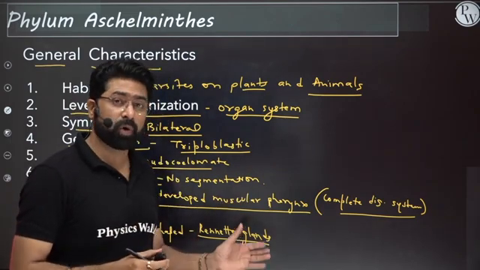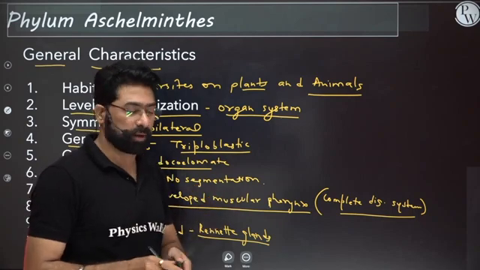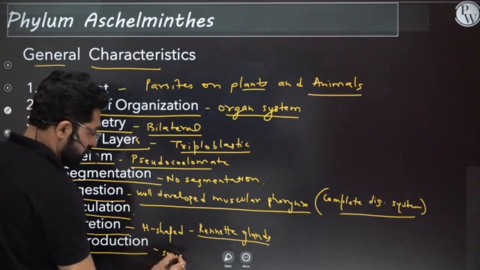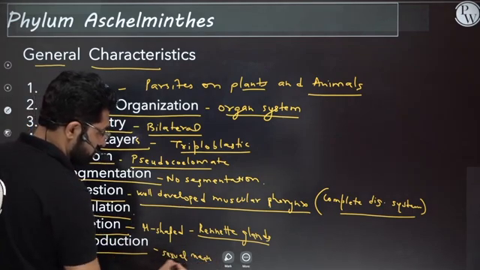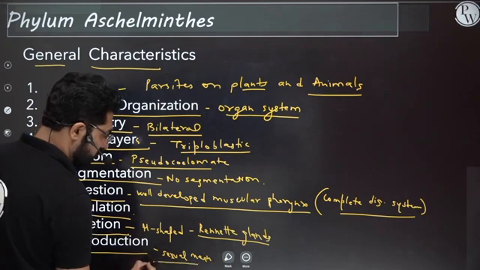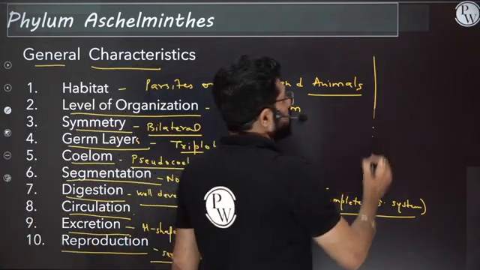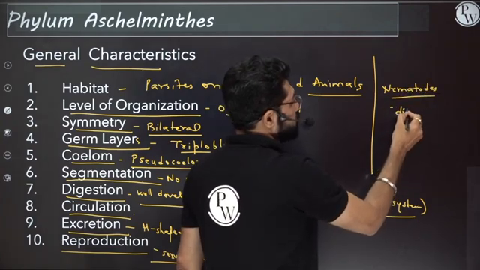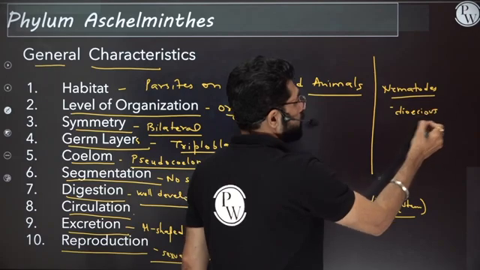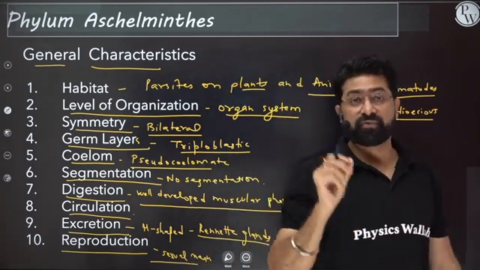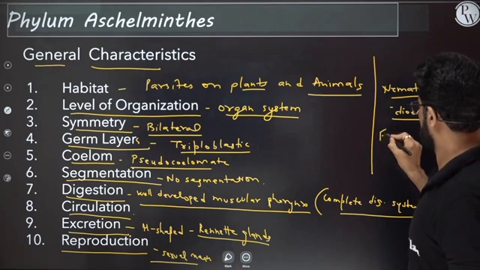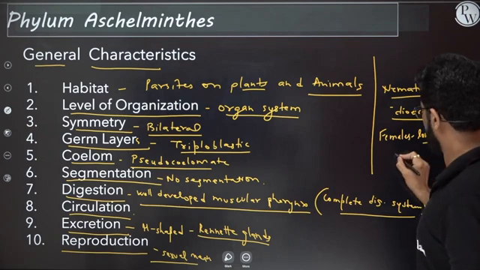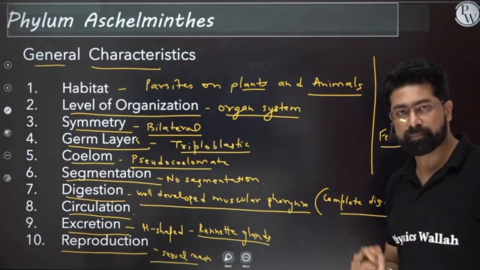Reproduction, only by sexual means. They are mostly dioecious. So nematodes are dioecious. Please write down. In this case, very important, the females are longer as compared to males. Is it okay? Clear to you?